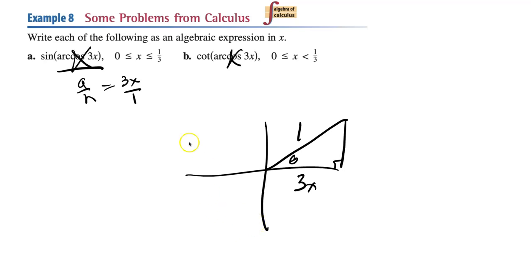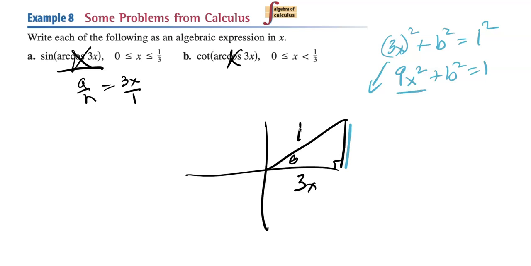All I have to do now is figure out what sine of this thing is and what cotan is, which is just the reciprocal of tan. So let's find the missing side first, the same way you always do. Pythagorean theorem: (3x) squared plus b squared equals 1 squared. So I get 9x squared plus b squared equals 1.